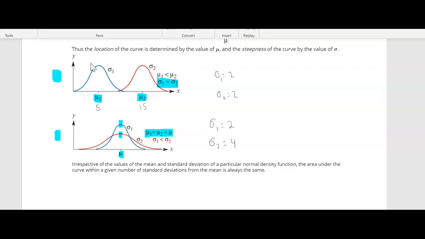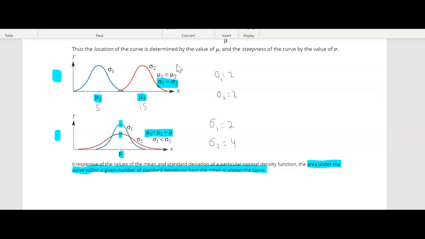All right, so it's wider, but the area is the same. That's why you can't have the red peak at the same x value, but its peak is lower for its y coordinate. So it's important to note that the area under the curve is always the same.